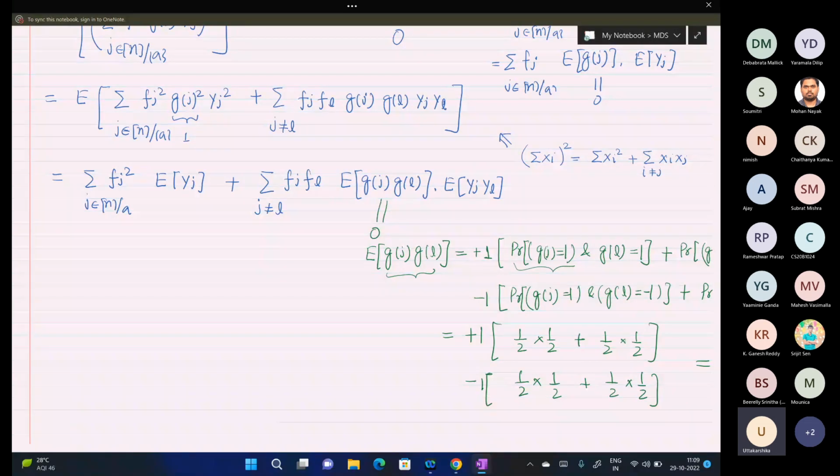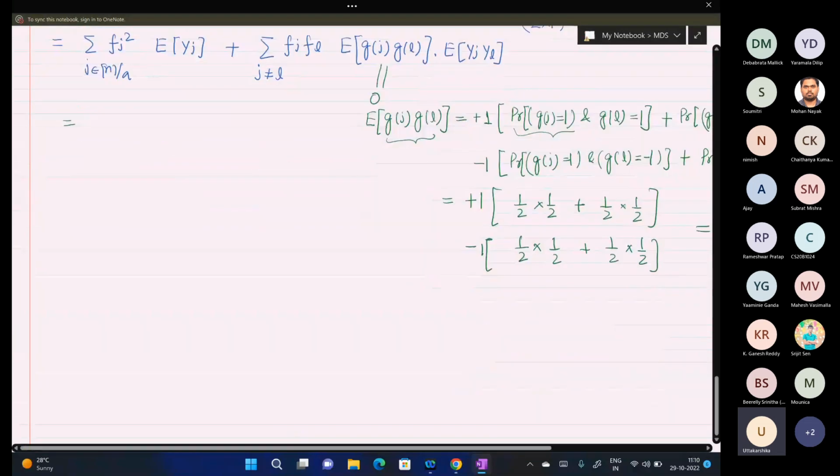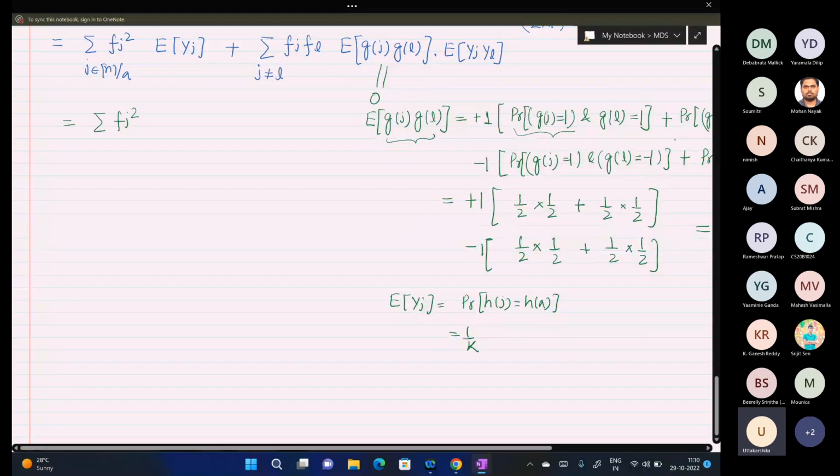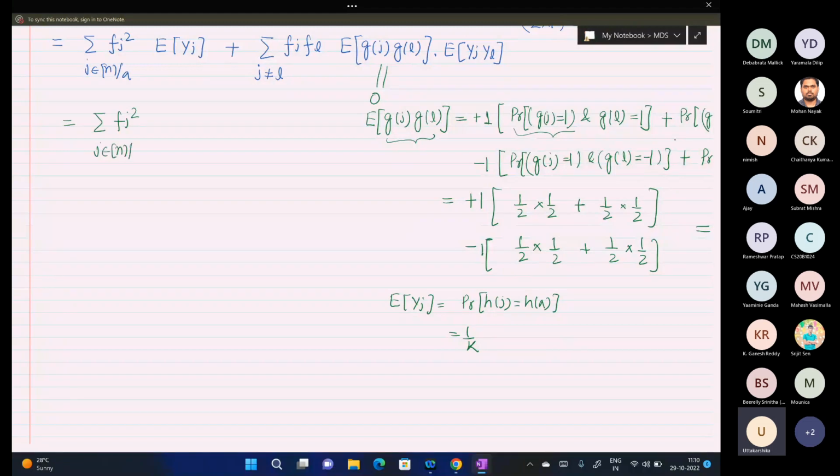So now we are left with this term, and E of yj is what? E of yj is 1/k, right? So it's the probability that h of j is equal to h of a, which is 1/k, the sketch size. So this is sigma fj square by k.